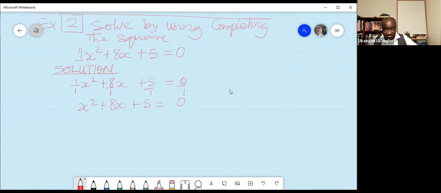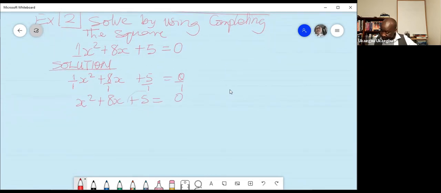Next, this 5, transfer it to the right side. So you're going to have x squared plus 8x equal to, plus 5 goes to the right side, becomes minus 5. Next, somebody will have to help here. What shall we do?